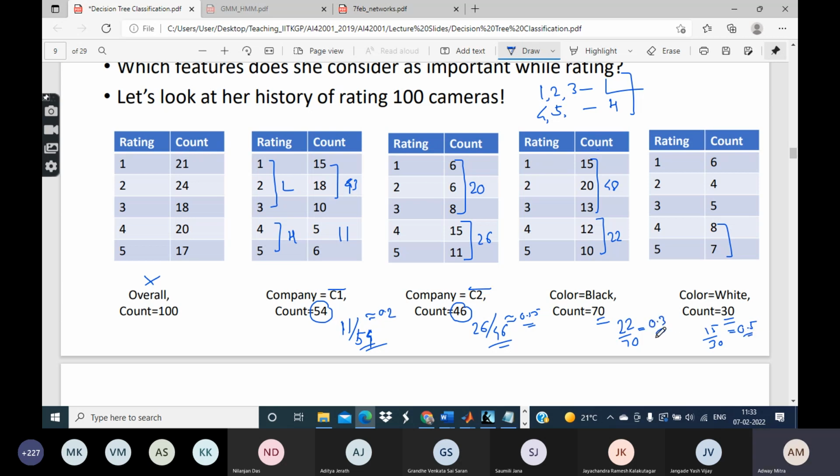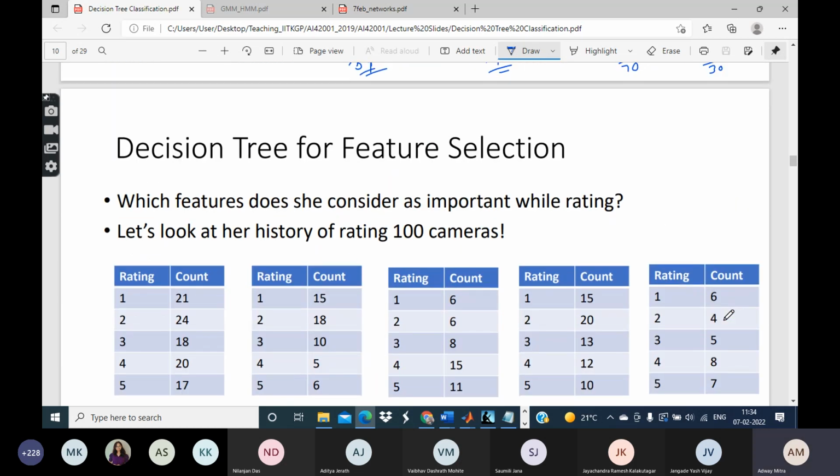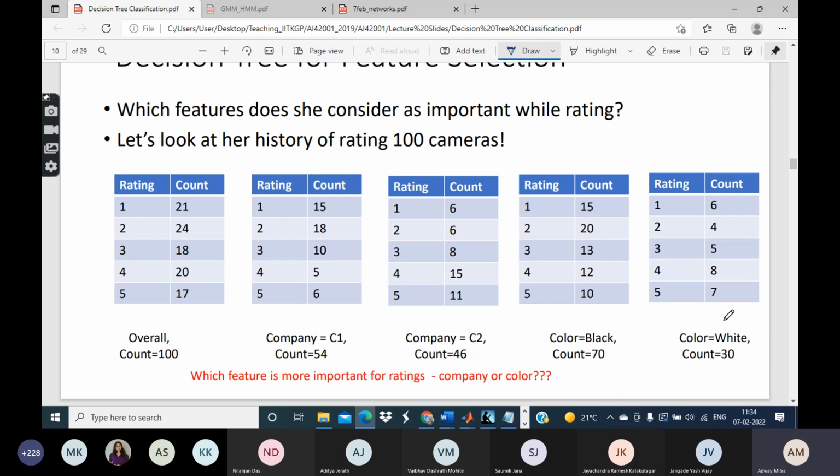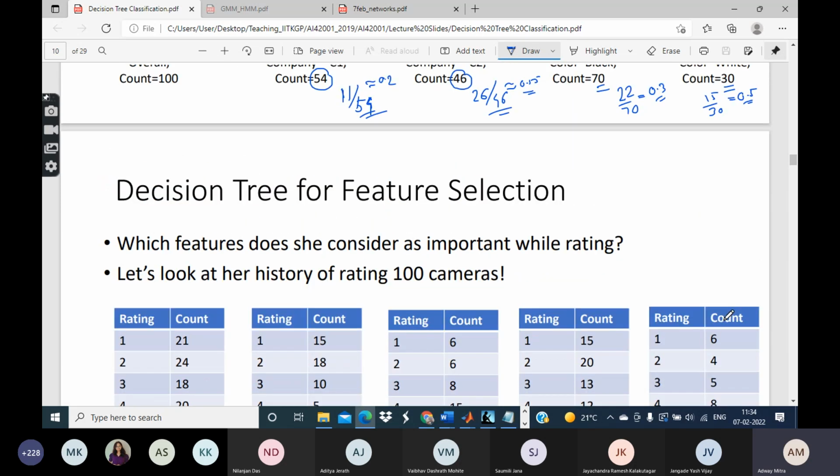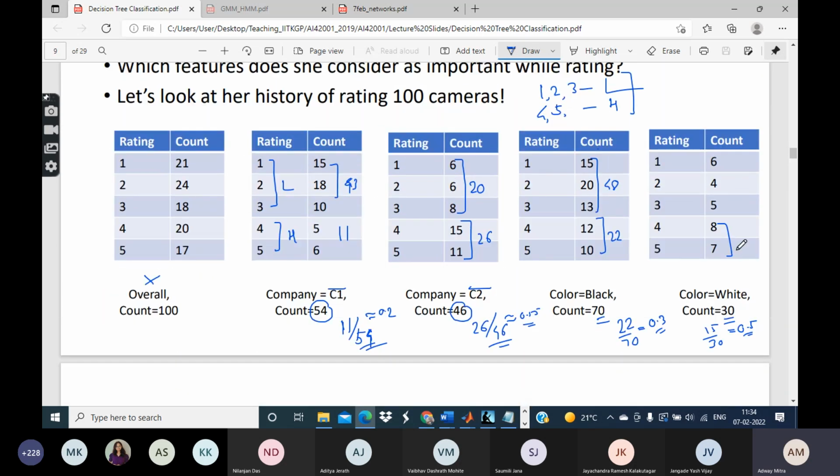So it's possible that there may be a slight bias for her towards white cameras. Some difference is definitely there. So that's another feature. This way we can keep counting the different features one after another.